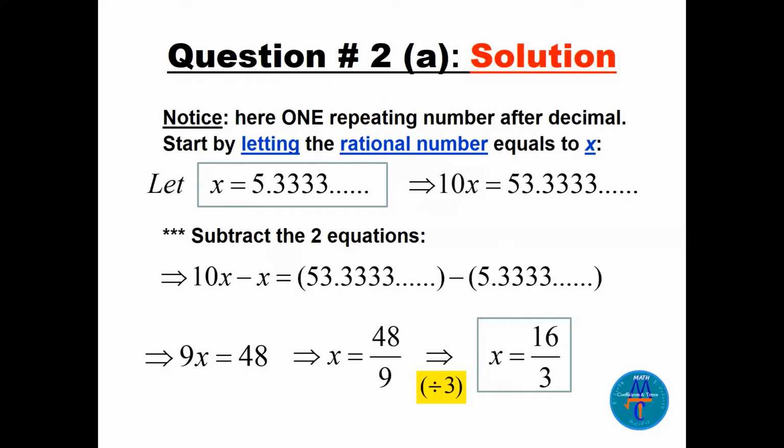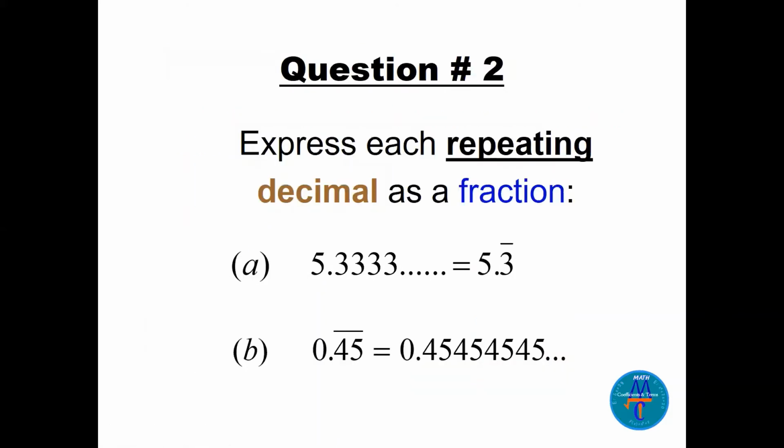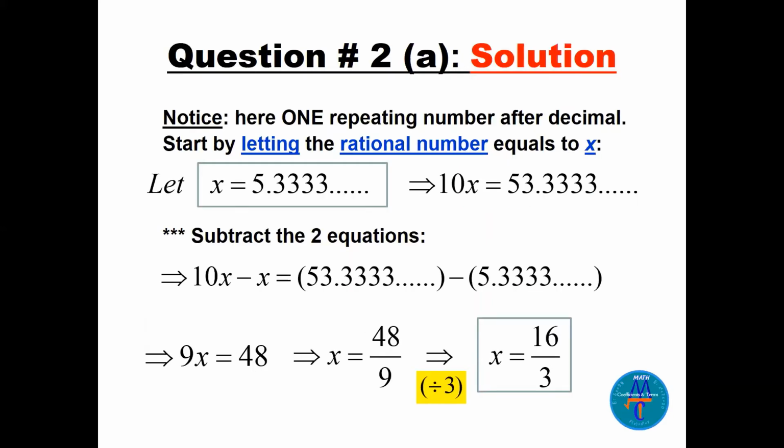So let x equal 5.33. Since I have 333, which is one number repeating, I multiply by 10 on both sides of this x. Let x equal 5.33, multiply by 10. Why 10? Because one number is repeated. As we can see in the next example, part B, 0.45, we expect to multiply by 100.